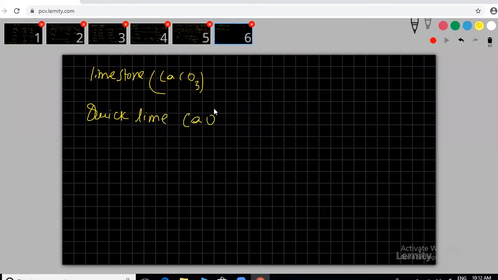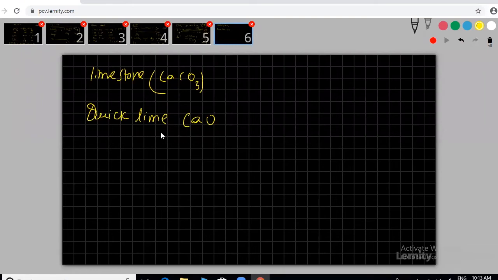Limestone decomposes into quicklime on strong heating. How much quantity of limestone will be required to prepare 100 kg of quicklime?